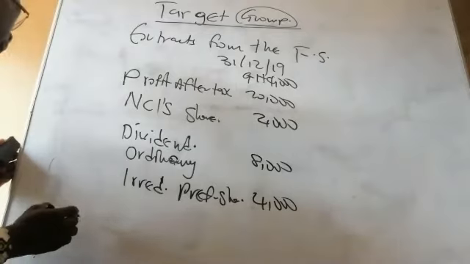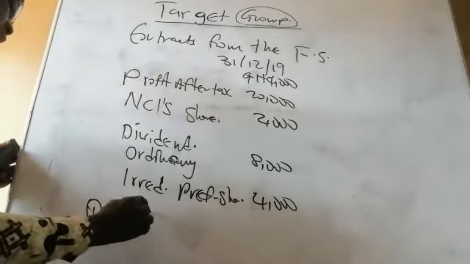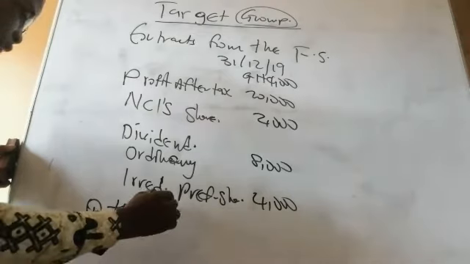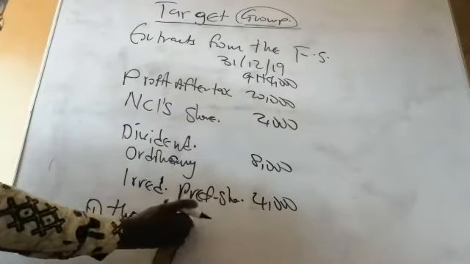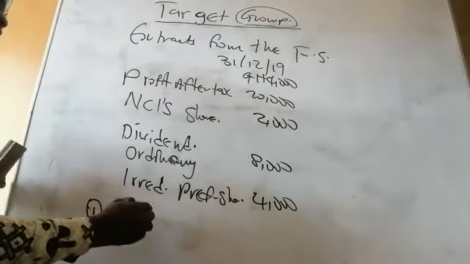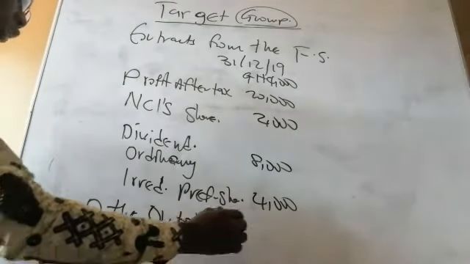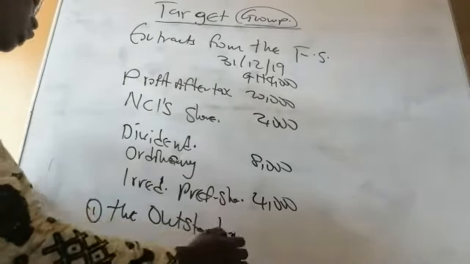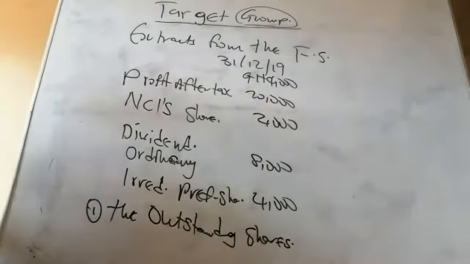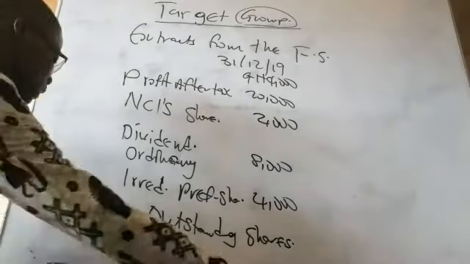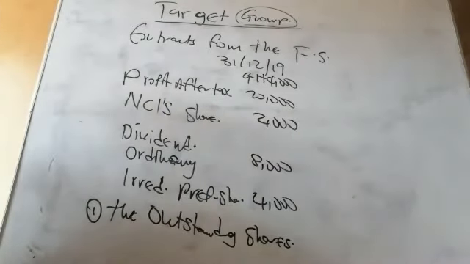Then finally, note 1. The outstanding shares at the end of the reporting period happen to be 60,000 ordinary shares. 60,000 ordinary shares, so we can call it 60 million.